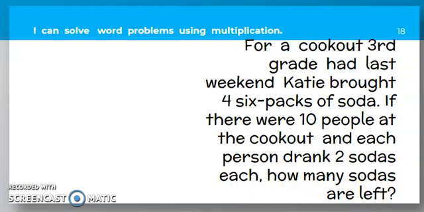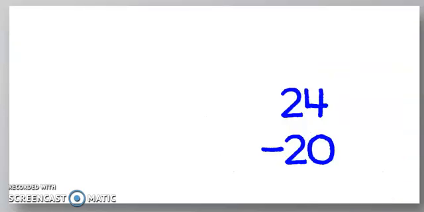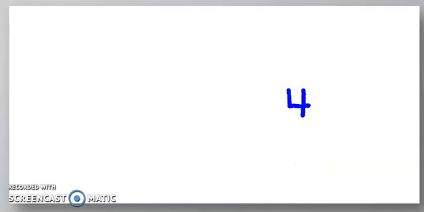Are they the 20? No. Now we need to subtract. We need to subtract the 24 sodas that Katie brought minus the 20 that the people at the party drank. That's going to give us 4. Amazing. Wow. So 4 sodas are left.